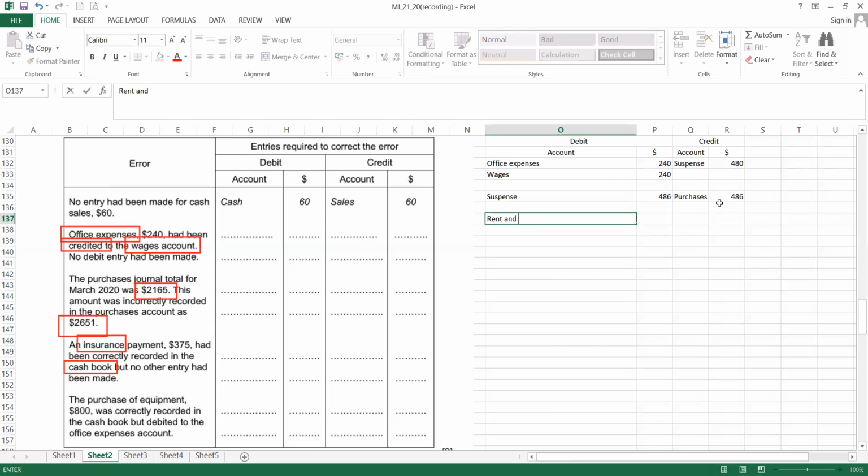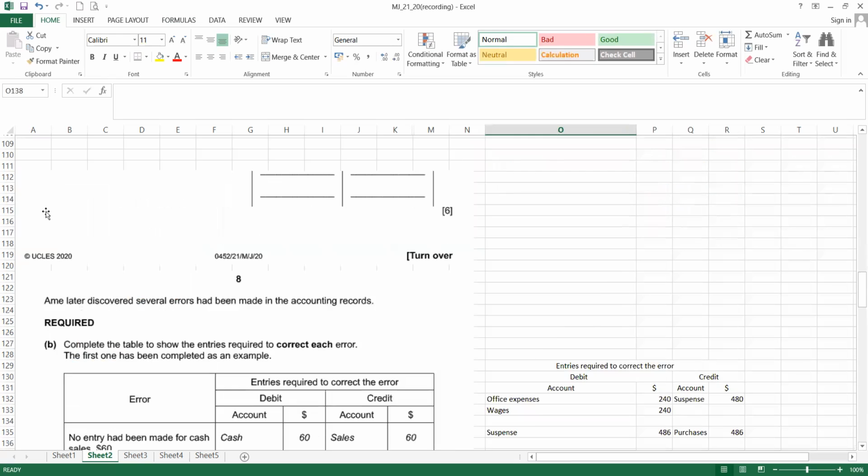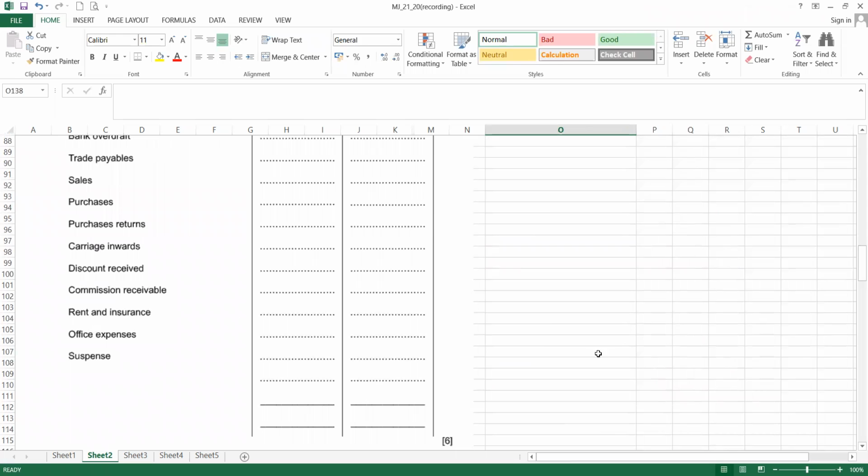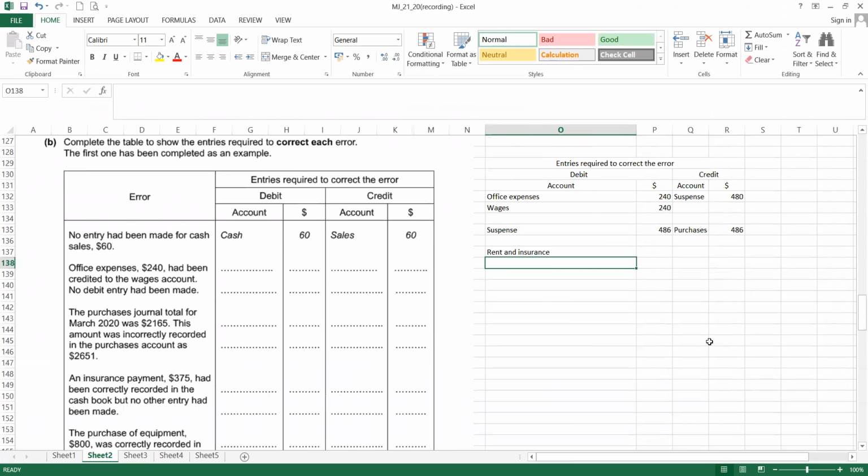Rent and insurance. Why do I write rent and insurance? Because the account on top shows that they put rent and insurance. So I record it in the rent and insurance account, 375. But because it's a one side, the cash book is correct. Don't touch the cash book. Touch the suspense account.